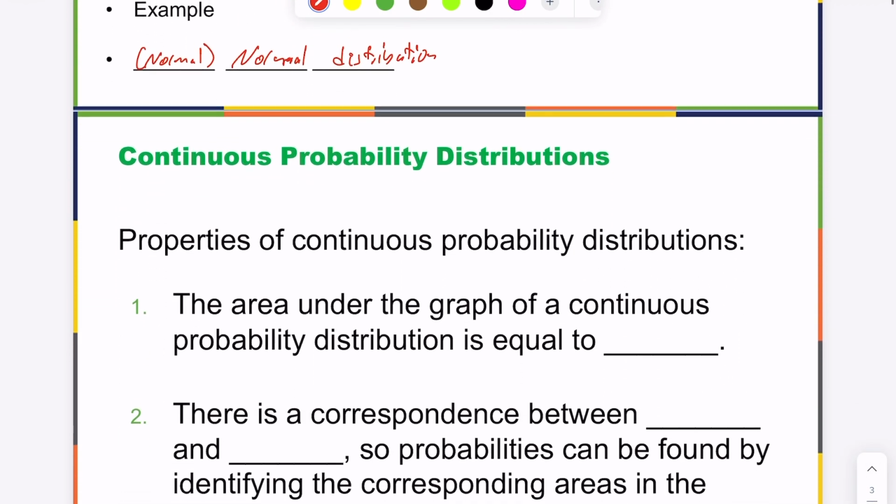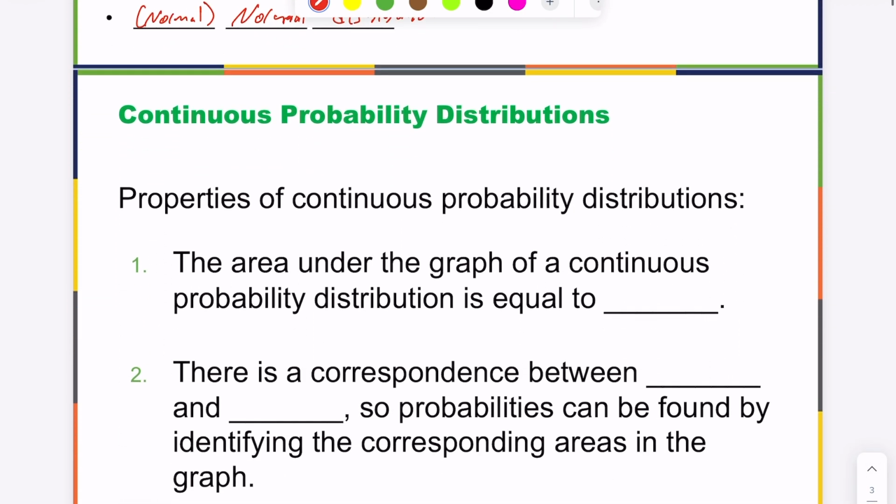Okay, great. So continuous probability distributions. Properties of continuous probability distributions. The area under the graph. So now the probability distribution, before it was a histogram, right? The graph of it was this histogram, and it was like outcome 1, and then outcome 2 had a particular probability.